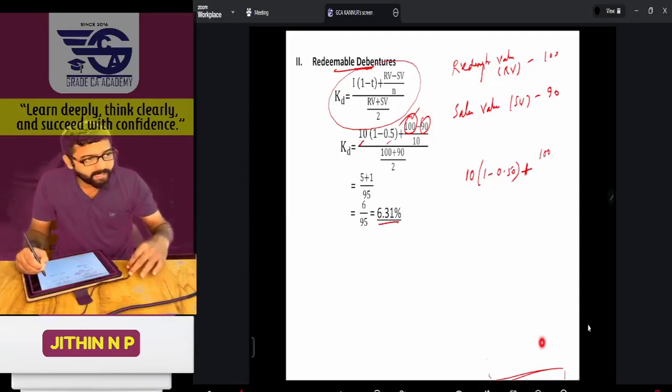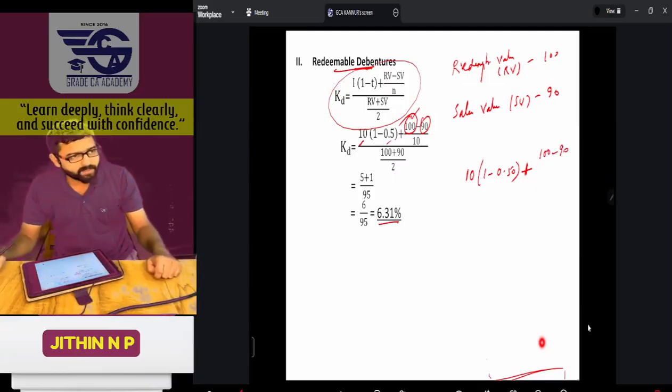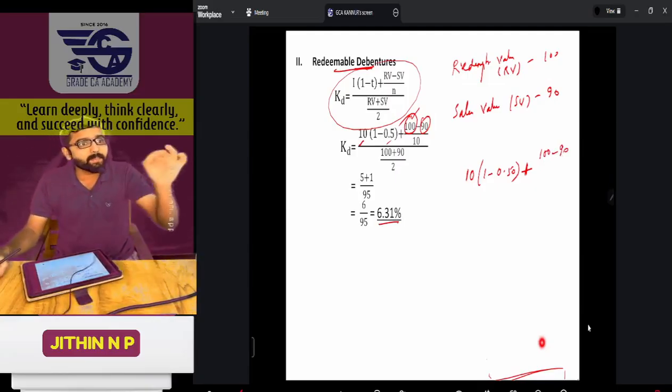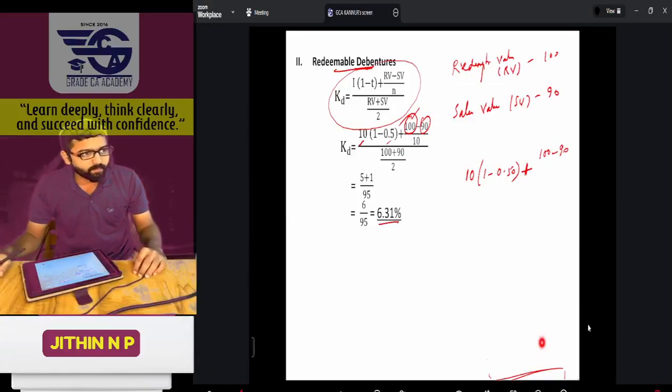At the terminal year or maturity, the company is going to redeem this amount. 100 minus 90. The company issued at rupees 90 and redeemed the same debenture at rupees 100. That means extra, the company is paying 10 rupees on each debenture over 10 years.